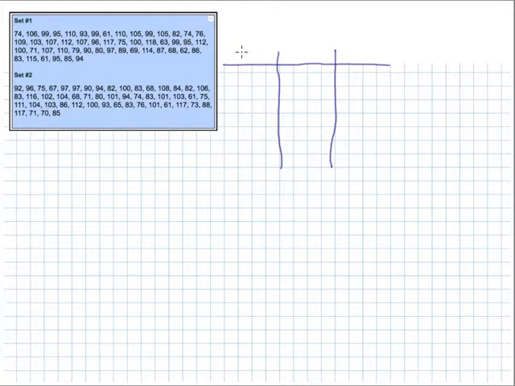Looks kind of terrible, but that's okay. Then I want to think about how I am going to set up the categories or bins for this data. First, I'll put some labels up here. These are going to be my bins. This data is just called set number 1 and set number 2.